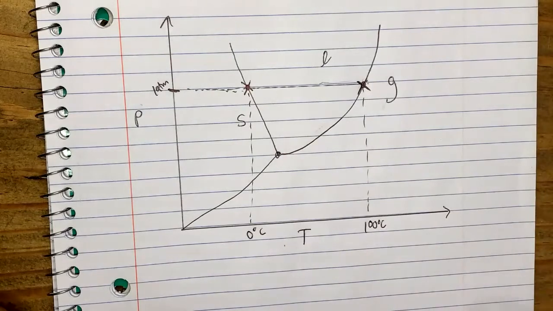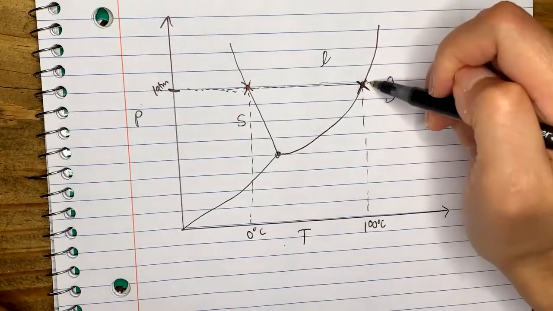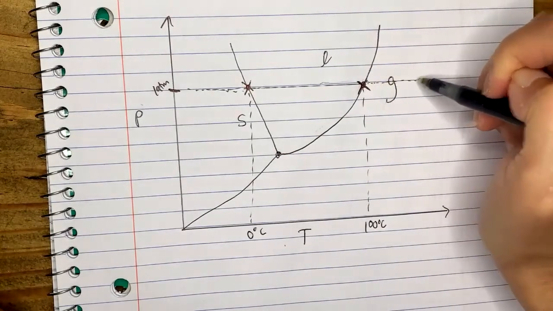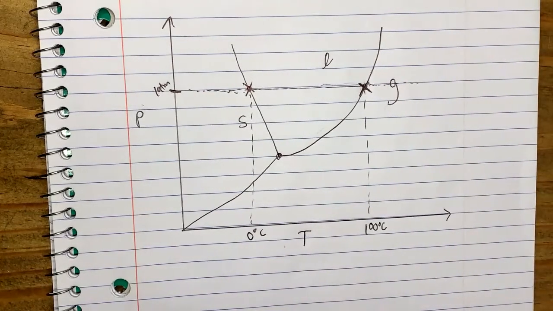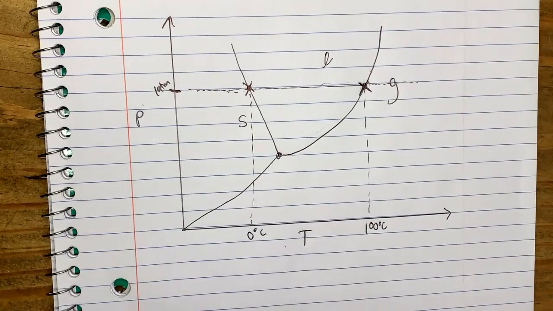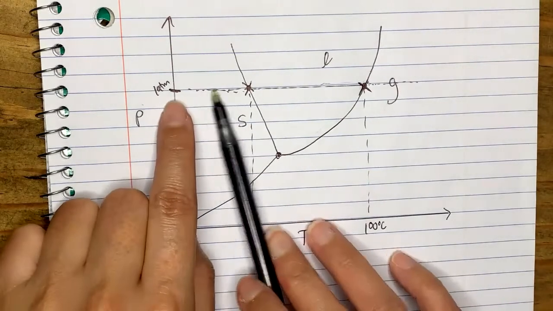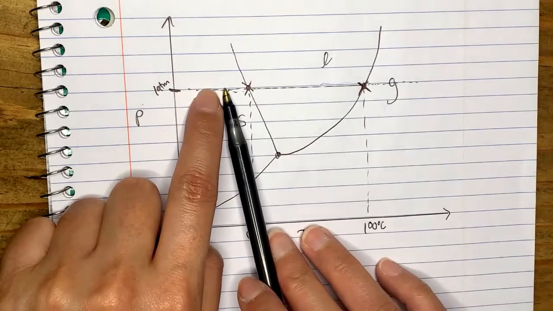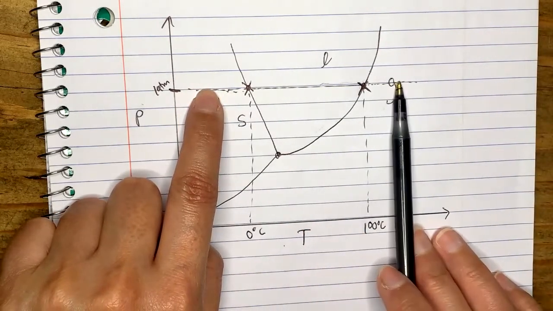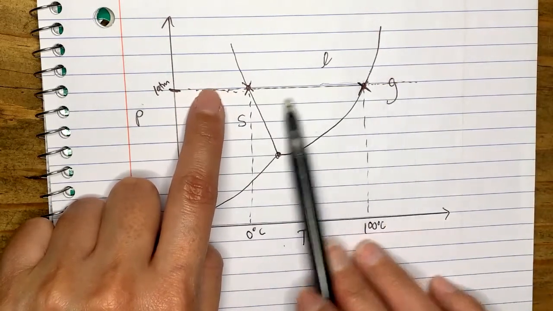So if you look at this chart, you can actually describe the process we did earlier, where we asked how much energy you need to heat up from -25 Celsius, keeping the pressure the same at 1 atm, all the way to 125. You can see the phase changes here.